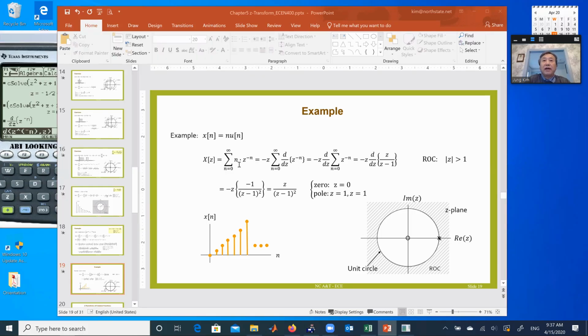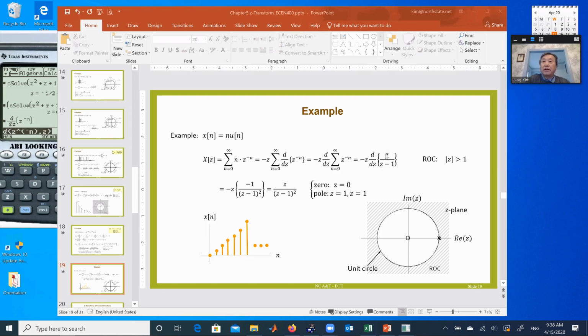Because derivative and summation are linear operators, you can exchange them. The summation of g to the minus n is just the g transform of the unit step function, which is g over g minus 1.